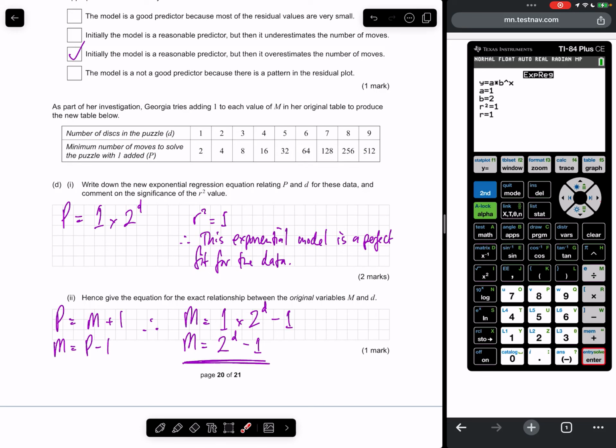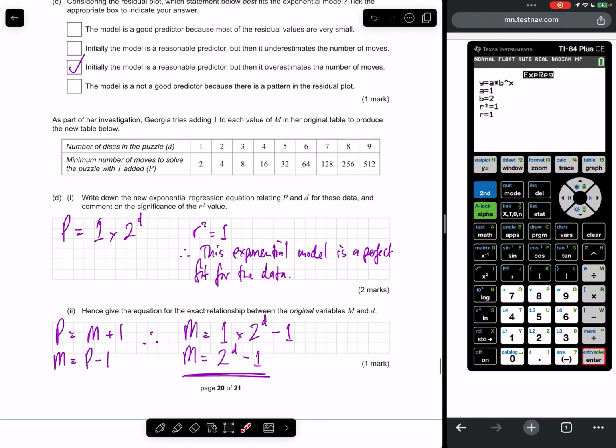M with 1 added to it was equivalent to P, because M, remember, was 1, 3, 7, 15, etc. That allows us to rearrange the algebra to say that M is equal to P take 1. We worked out that P was 1 times 2 to the power of d. So 1 times 2 to the power of d minus 1. Simplify the 1 times 2 to the power of d, take 1 from that, and there you have the exact relationship.